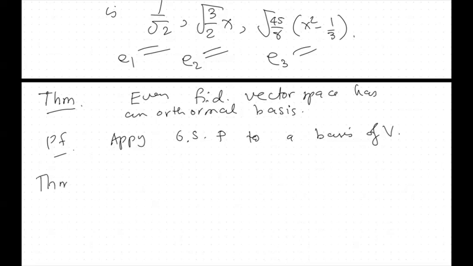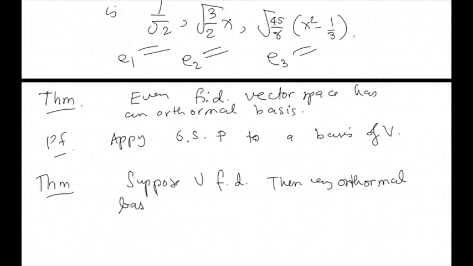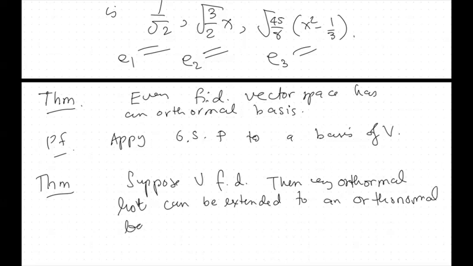And then the next theorem: suppose that our vector space V is finite dimensional, and then the result is that every orthonormal list can be extended to an orthonormal basis.